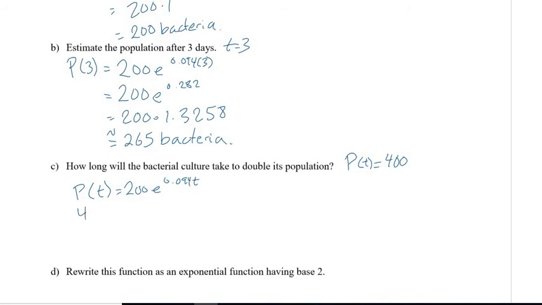So we're going to plug in 400 for P of t, and we're going to try and solve this. First, let's start by moving the 200 over. So let's divide both sides by 200. And we're left with 2 is equal to e to the 0.094 t.